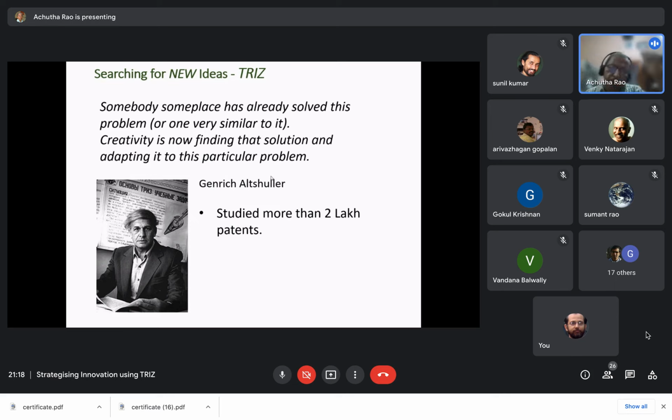So basically it's a very wonderful knowledge. More than 10 lakh patents have now been analyzed subsequently by others, including patents of IT and other fields, and they have validated that this is valid even today. Most of the courses abroad, including product design, make TRIZ a subject, including management schools.